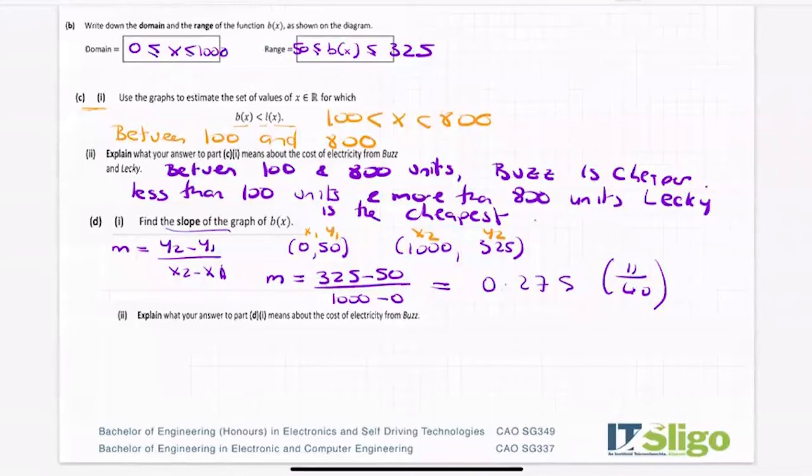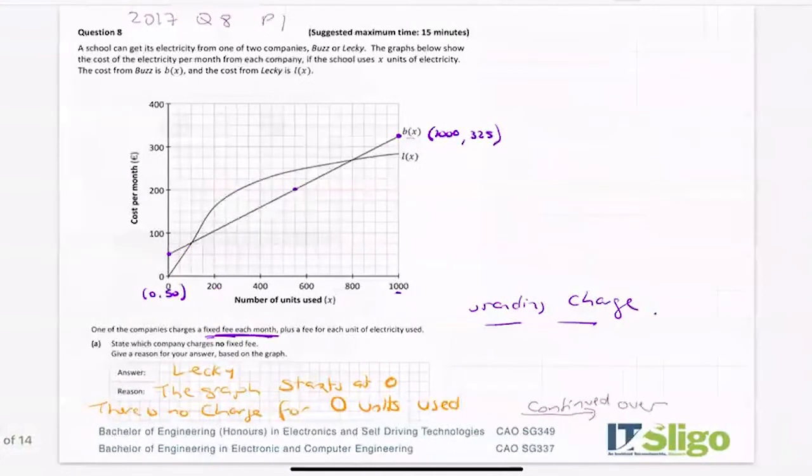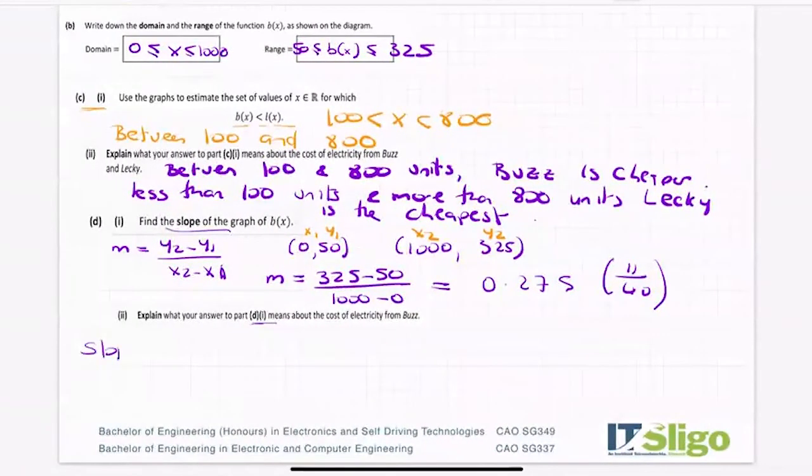Okay, so explain part D, part 1. What does that slope mean about the cost of electricity from Buzz? So what does a slope of 0.275 mean here? Well, slope is equal to rise over run.